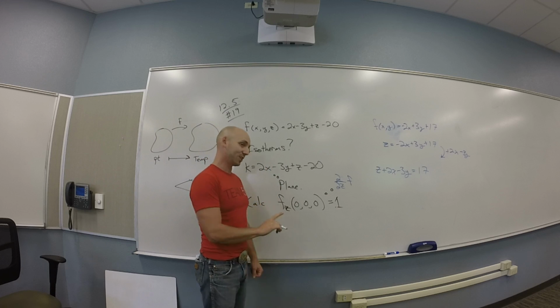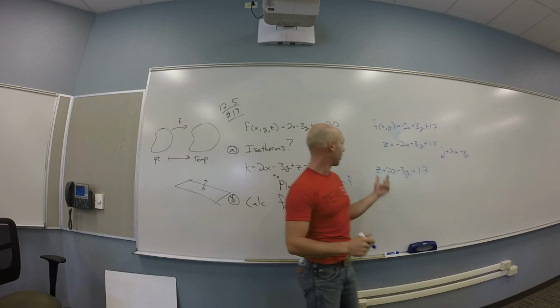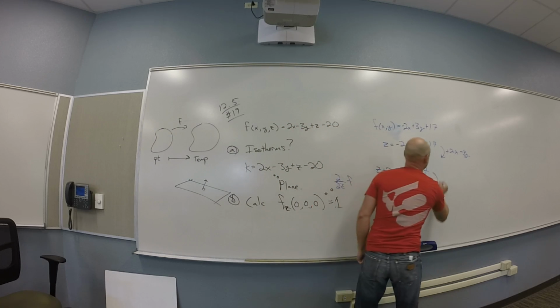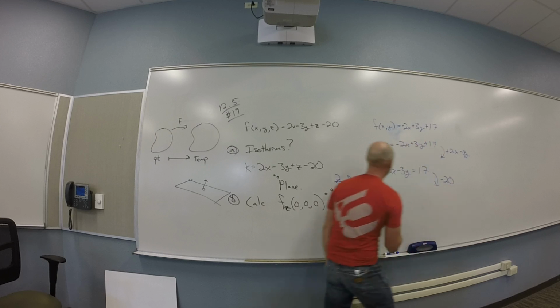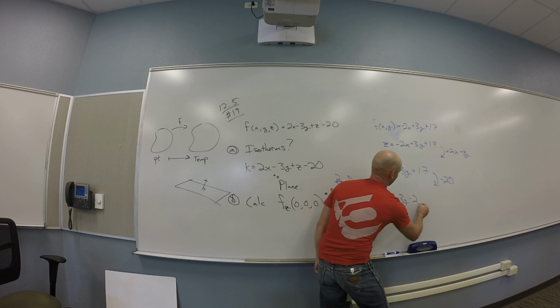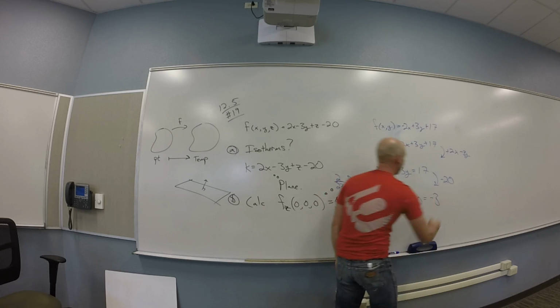Wait, where do I want the minus 20? On the left side. Yeah, I want a minus 20 over here, right? So I just want to subtract 20. If I subtract 20, I get z plus 2x minus 3y minus 20 is negative 3.